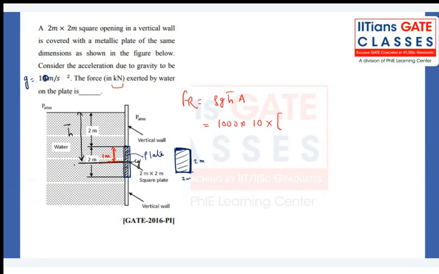So 2 plus 1, that is equal to 3. Area of the vertical plate subjected to water force, 2 into 2. 1000 into 10 into 3 into 4. So 120 into 1000 Newton, that is 120 kilonewton.